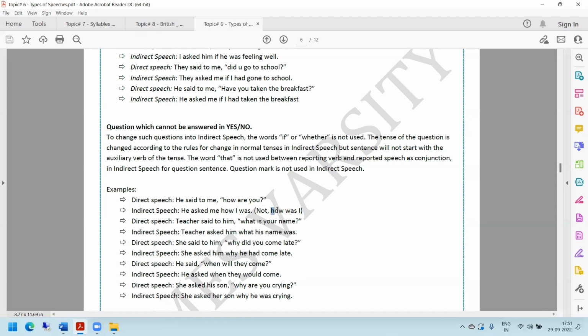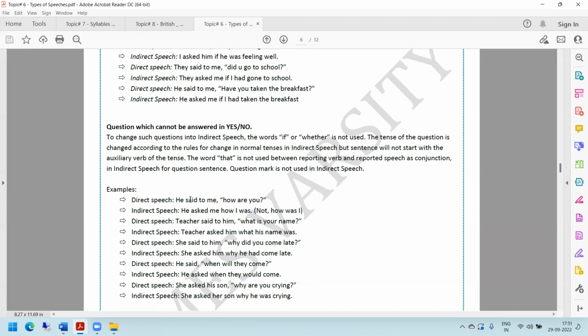If we put the sentence like this, then it becomes a WH question. But here we have WH word, then subject, and then helping verb. If the helping verb comes after the WH word, then it becomes a WH question. This is not a WH question. It's affirmative.